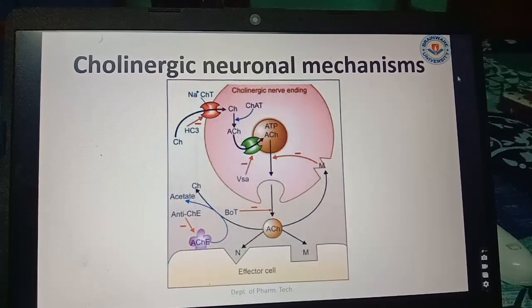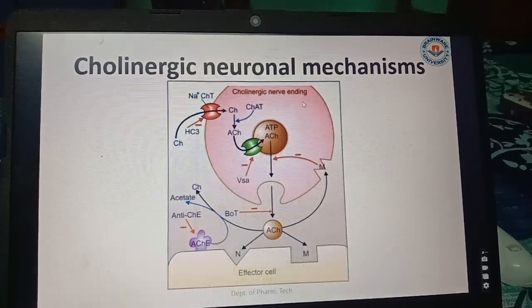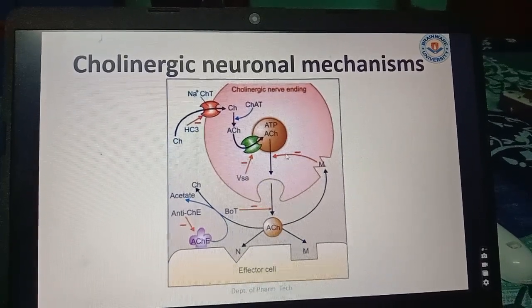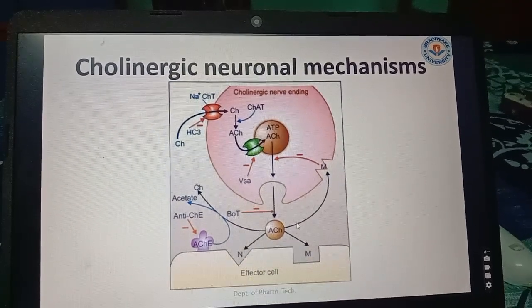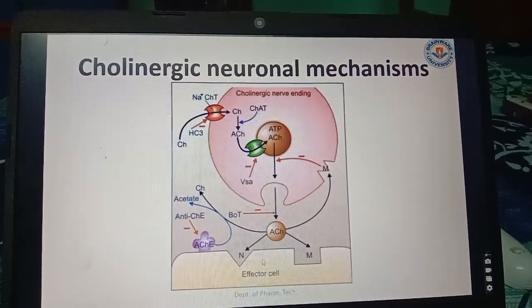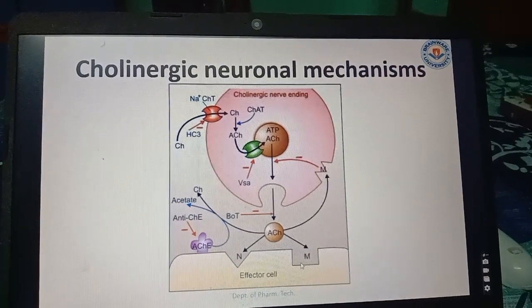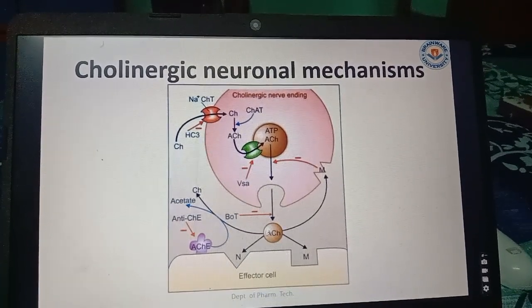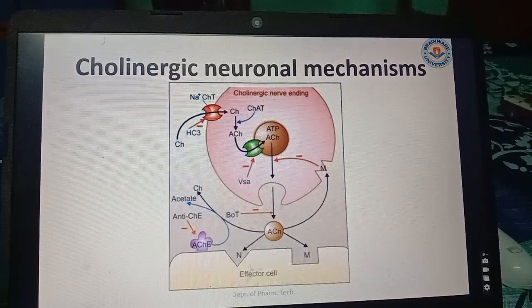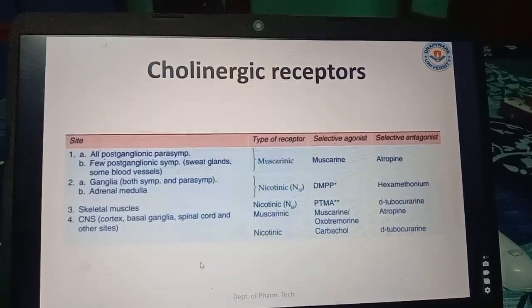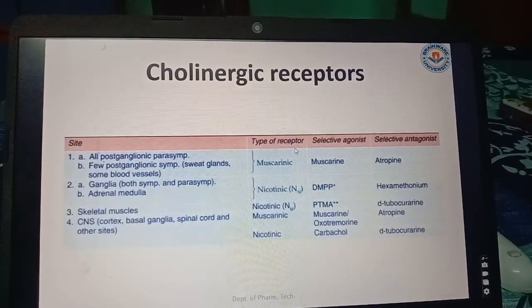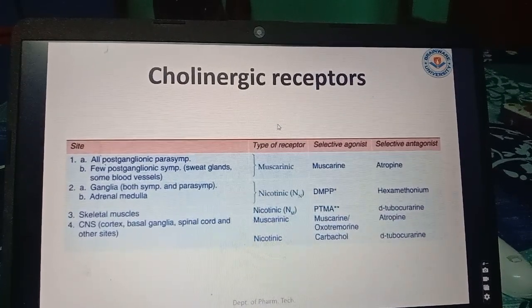Now the cholinergic neuronal transfer mechanism. Whenever acetylcholine is synthesized at the nerve ending, it is transported to different cells where nicotinic and muscarinic receptors are activated by acetylcholine in the effector cells, and different actions are produced. So there are different types of receptors present for the cholinergic drugs.